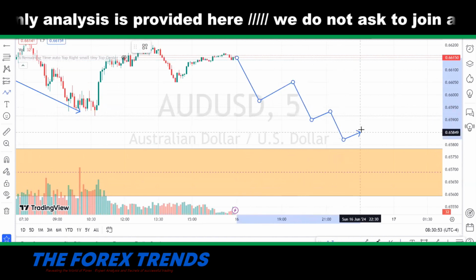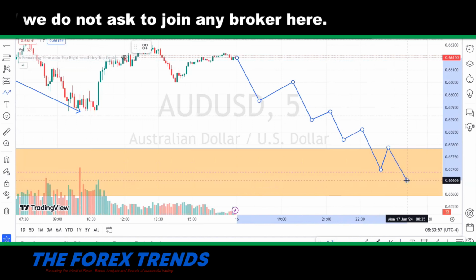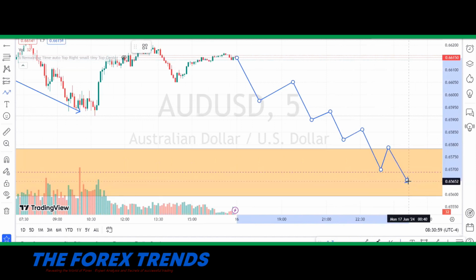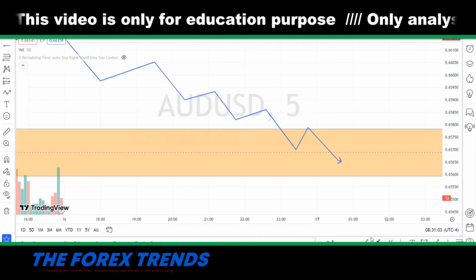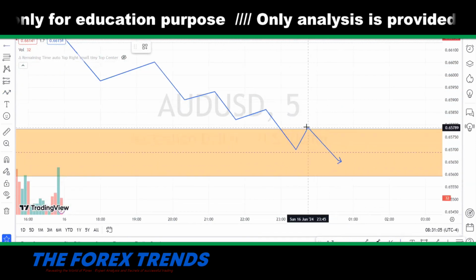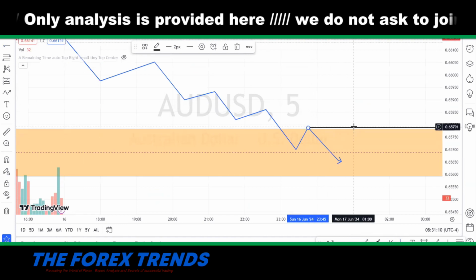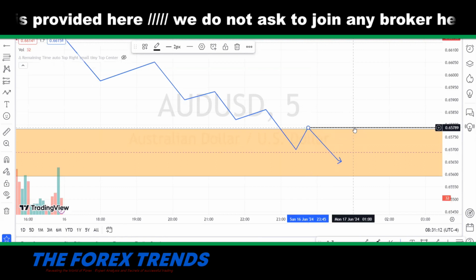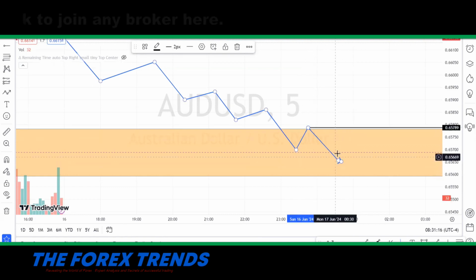In 5 minutes, if suppose market approaches this structural level like this, then we need to wait for market structure to shift above this price, that is 0.65789. We are assuming that.